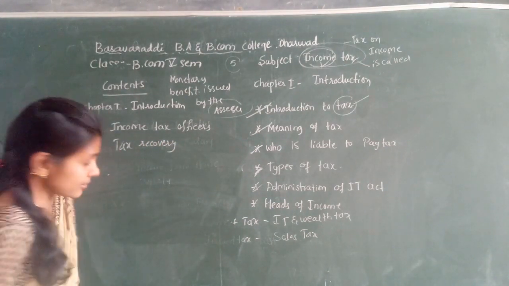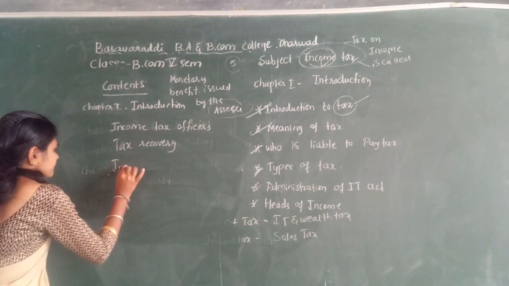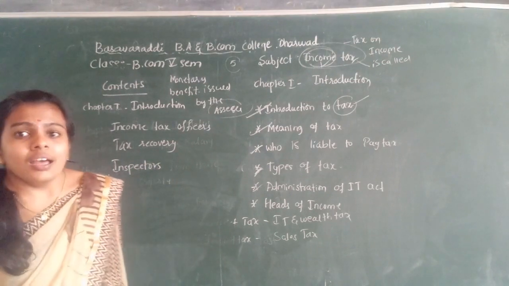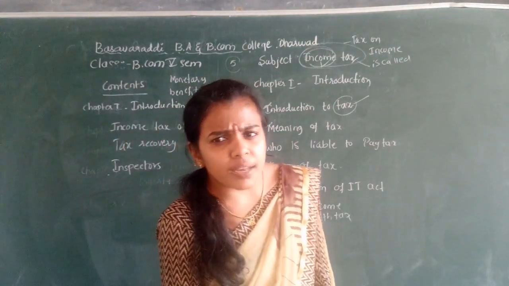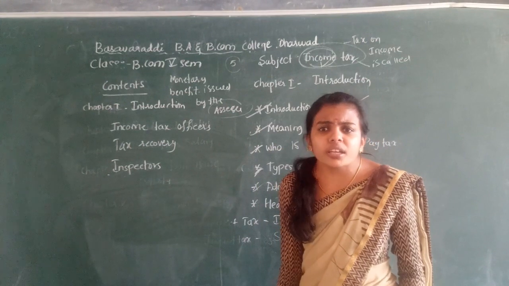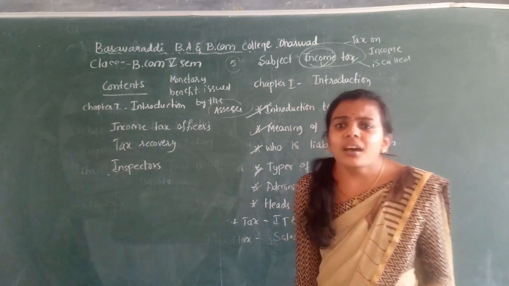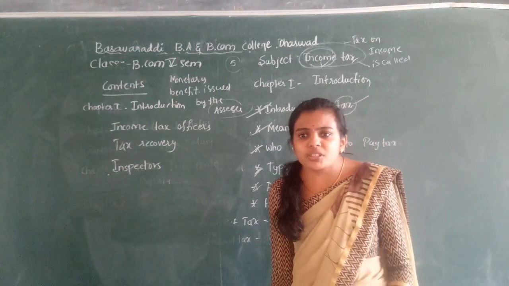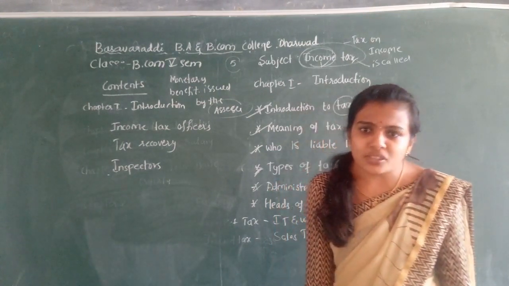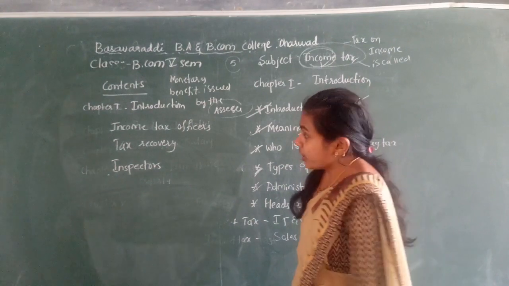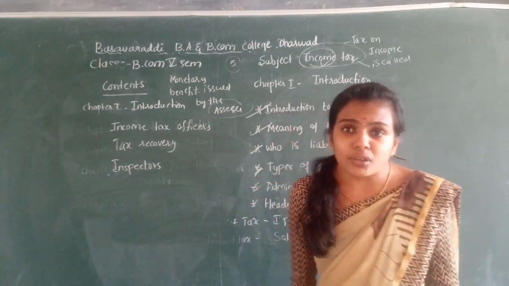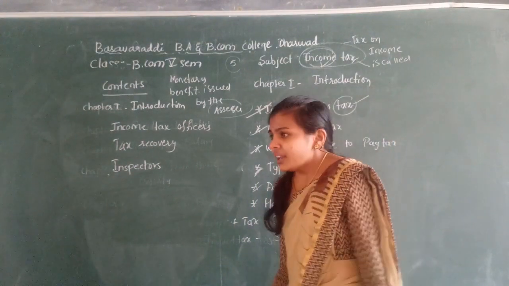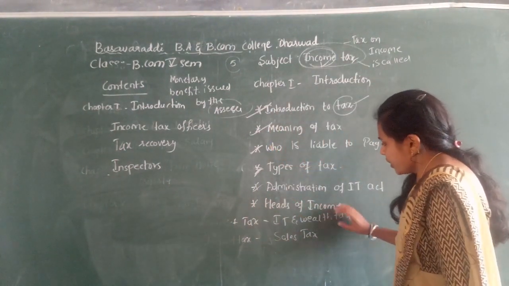Next, inspectors. Next, joint directors of income tax, joint commissioner of income tax, directors general of income tax or chief commissioner of income tax, the central board of direct taxes. ಇವರೆಲ್ಲರೂ ಅಡ್ಮಿನಿಸ್ಟ್ರೇಷನ್ ಇನ್ಕಮ್ ಟ್ಯಾಕ್ಸ್ ಆಕ್ಟ್ ಒಳಗೆ ಬರ್ತಾರ. ನೆನಪಿಟ್ಕೋತೀರಿ ಇವ್ 4 ಪಾಯಿಂಟ್ಸ್. Last one, heads of income.